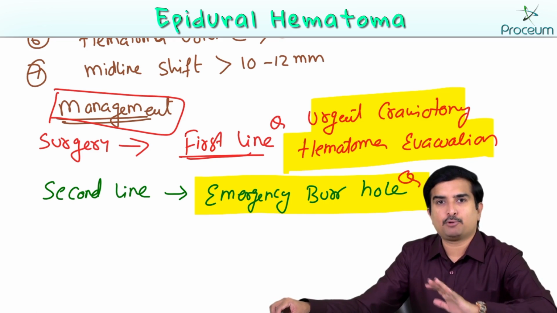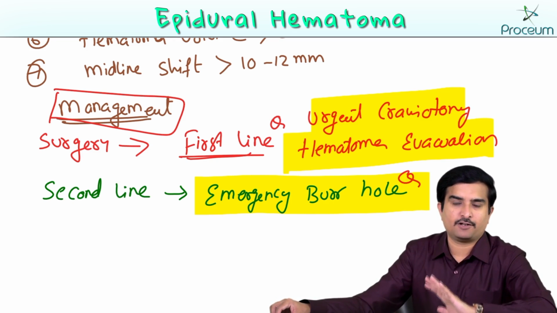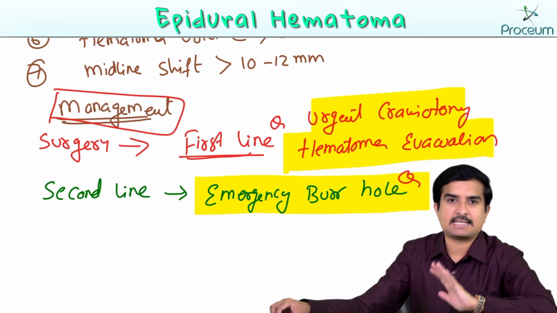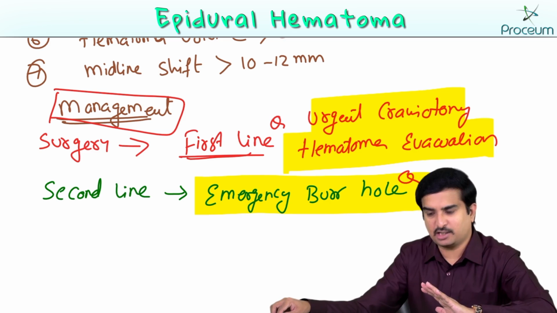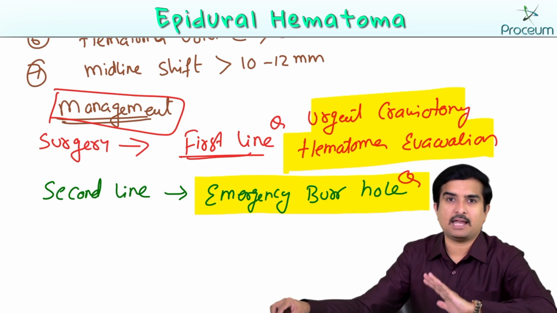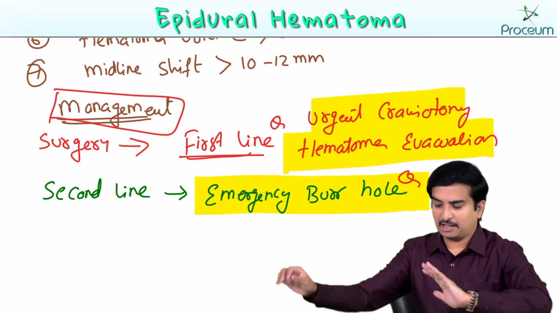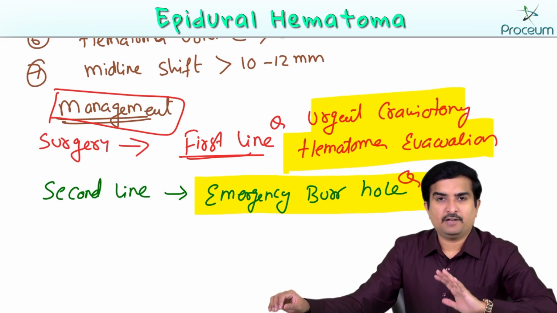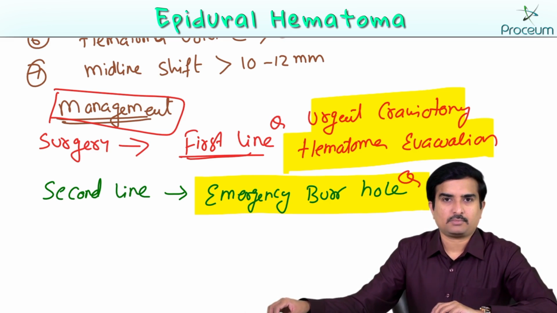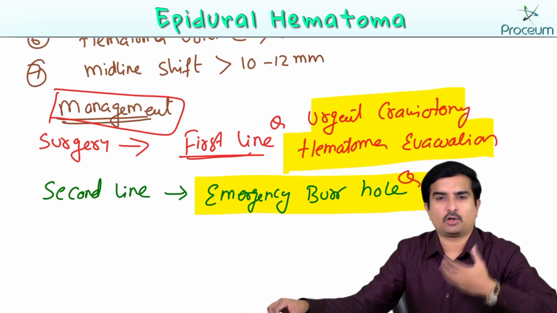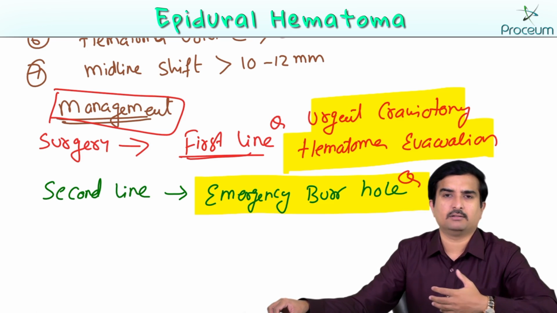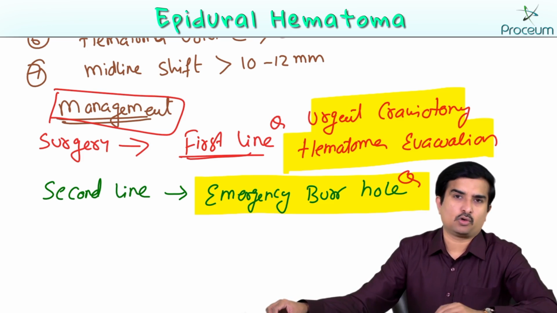But as a protocol, surgery is considered to be the first choice, that is urgent craniotomy and hematoma evacuation, and the second line of treatment is called emergency burr hole. And remember at this point, whenever we talk about medications, in many neurological conditions we give glucocorticoid therapy.